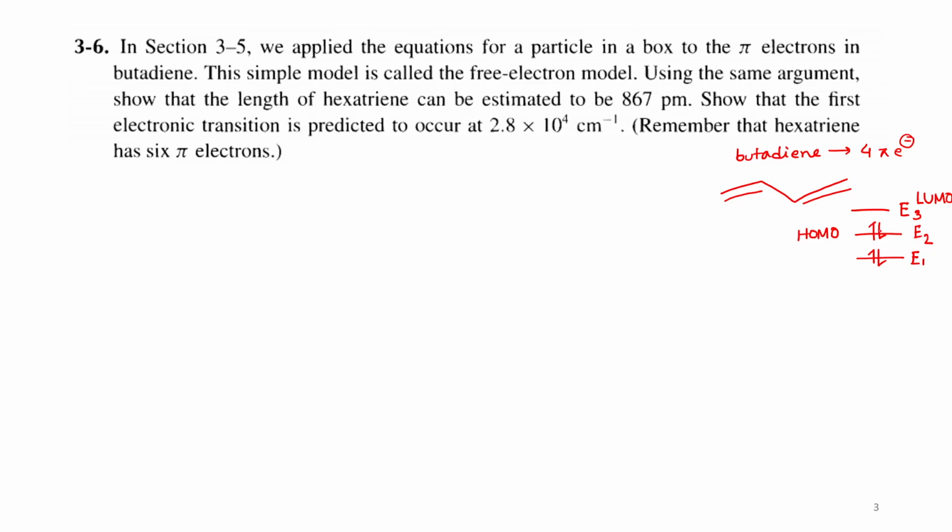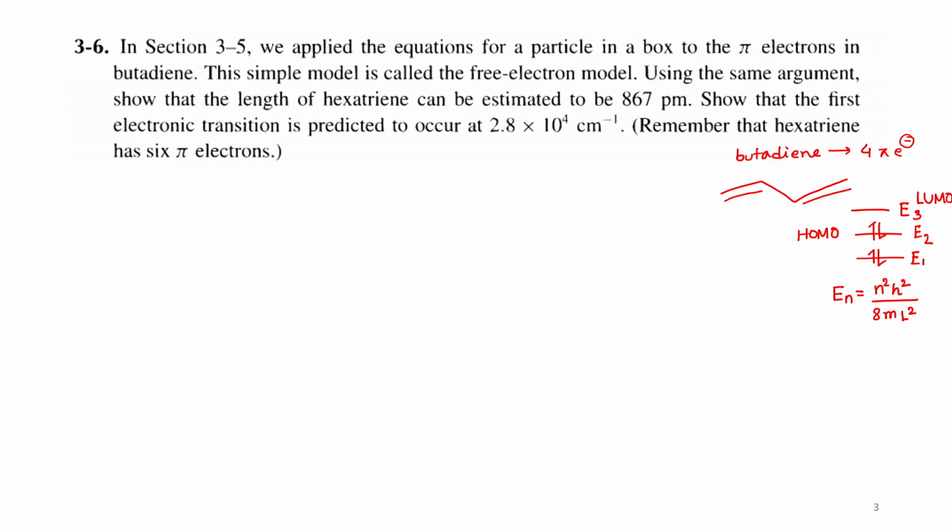The gap will be the energy difference between E3 and E2, and we know for a particle in a box, the energy is given by n squared h squared by 8 m L squared, where L would be the length of the box.